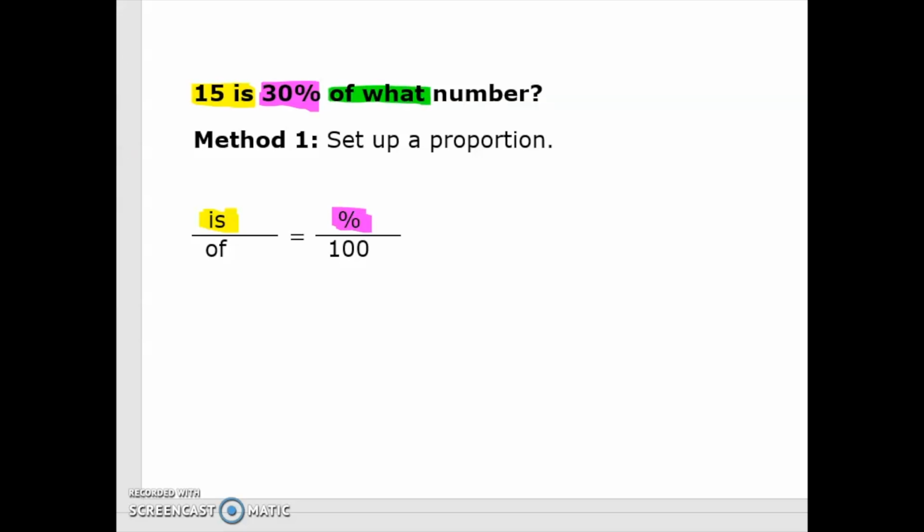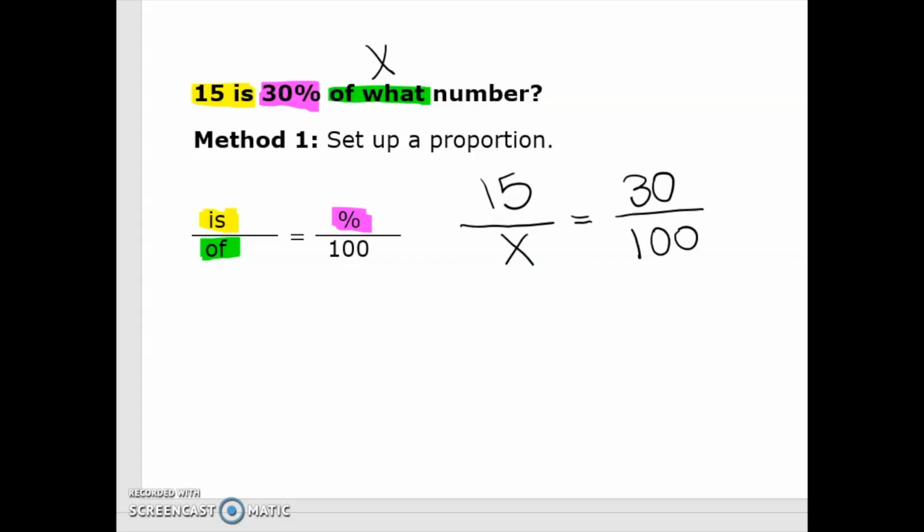Uh-oh, that means we don't know the of. That's going to be our variable. That's what we're solving for. So we set up our proportion. 15 goes in place of is. 30 goes in place of percent. Of our x, we don't know. And percents are always out of 100.